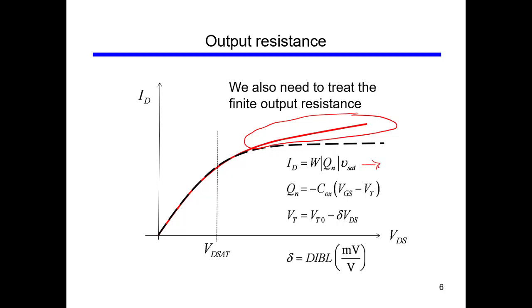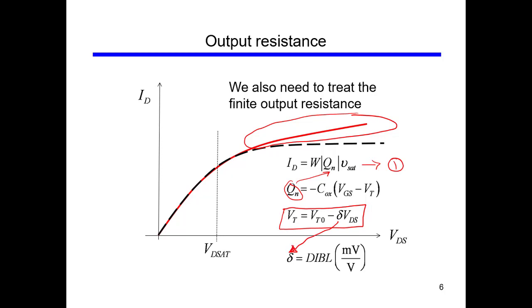This is the one that we know. We know that the charge is this one, and in order to understand where resistance comes from, we have to understand this formula. Now in this formula, the rho is basically DIBL.